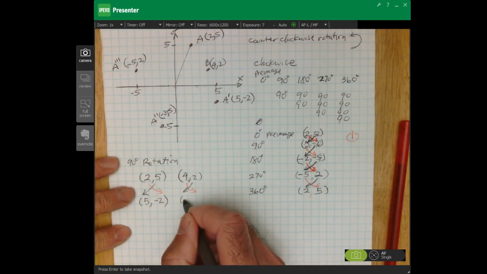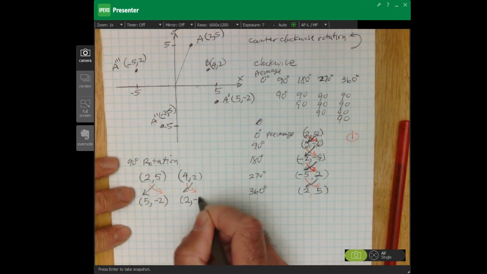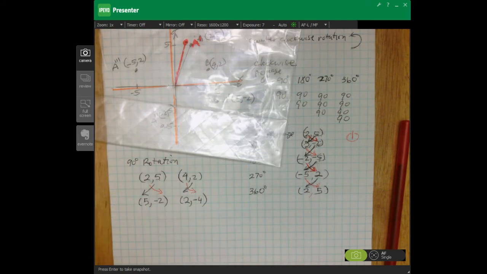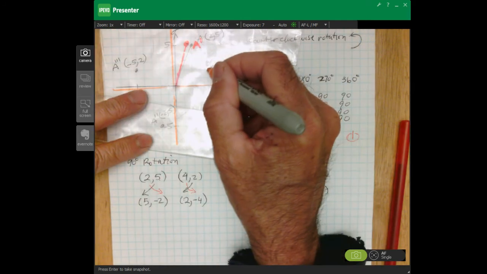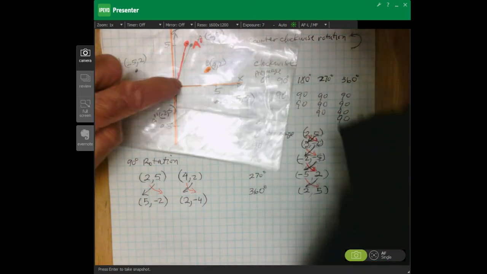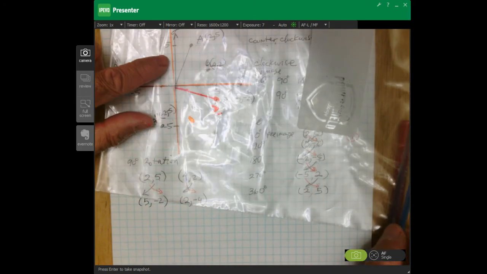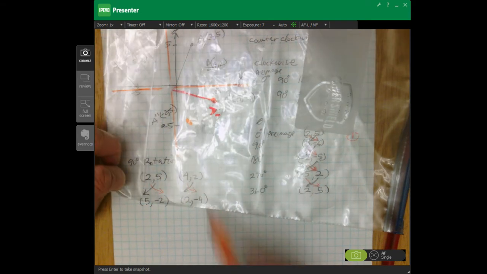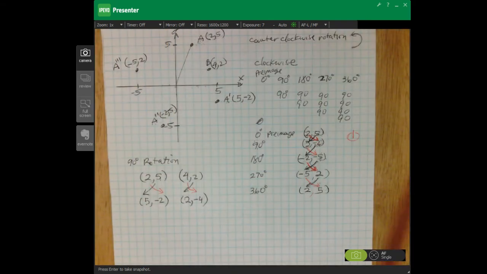And we should have 2, -4. Well, let's see what happens. Okay. Does it look like it worked? That's 2, -4. That's what we needed down here, right? So yeah, that works. Okay.